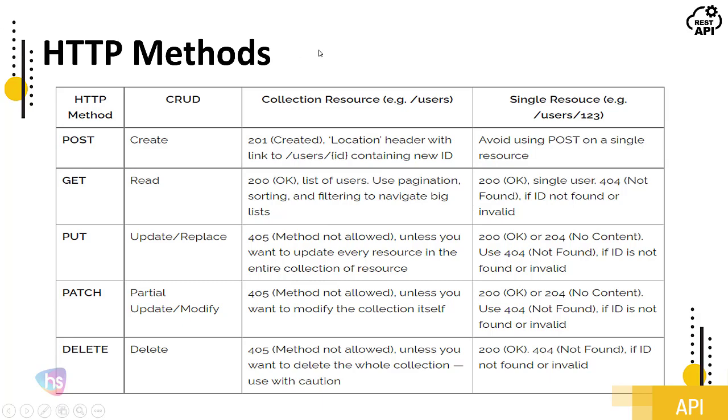So 201 is the response code you will see, with the location header containing the link to users and an ID containing the UID. For a single resource, like users and a slash, an ID for the user is required here. Why? Because POST on a single resource avoids getting a group of records.